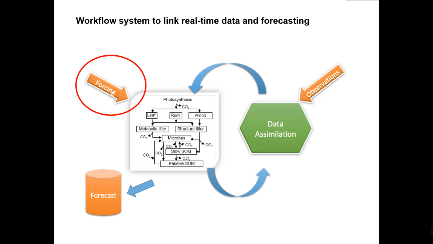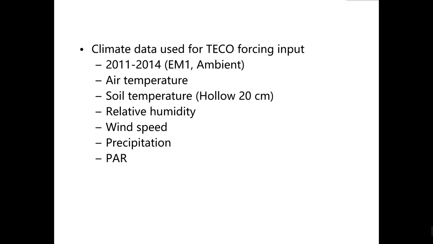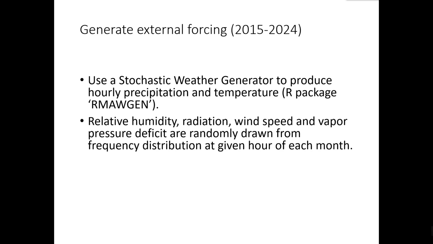Then look at the forcing data. From the spruce site, we have climate data from 2011 to 2014, which include air temperature, soil temperature, relative humidity, wind speed, precipitation, and PAR. But this is not enough. To make a projection of carbon cycle, we also need the future forcing data.